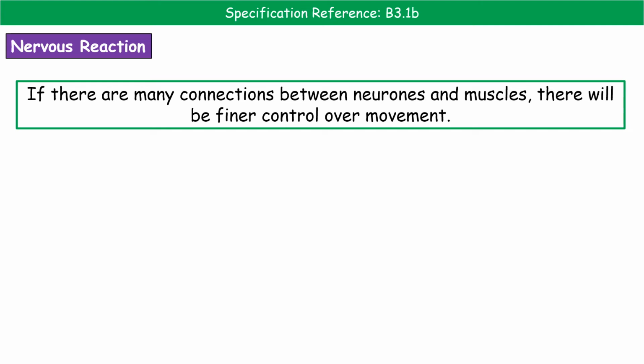If we just have a very small number of connections going to our muscle, then it's going to have just this very big effect. It will either contract or it won't. So what we see is that the number of connections is directly correlated to the fine movement that we get.